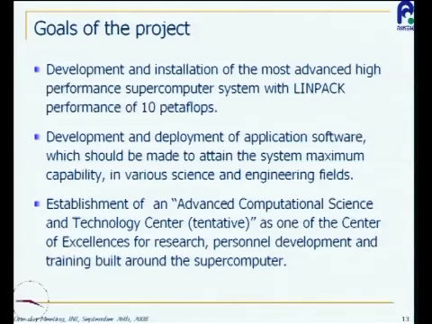The goals of the project are the following 3 items. Firstly, one is the development and installation of the most advanced high-performance supercomputer system with LINPACK performance of 10 petaflops.